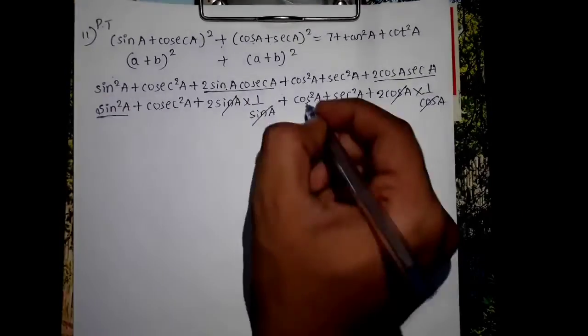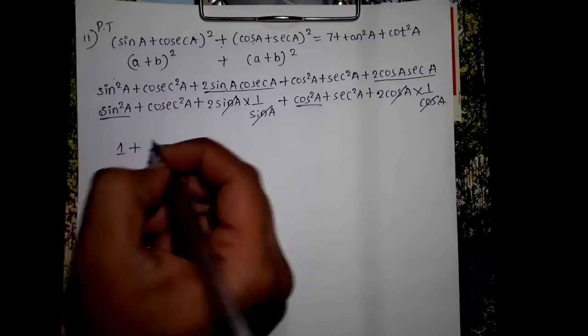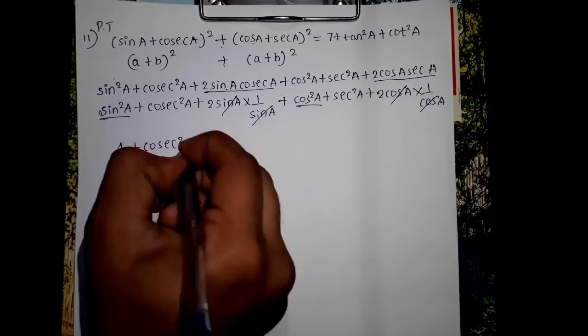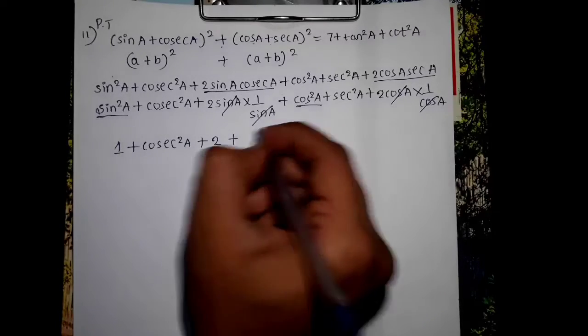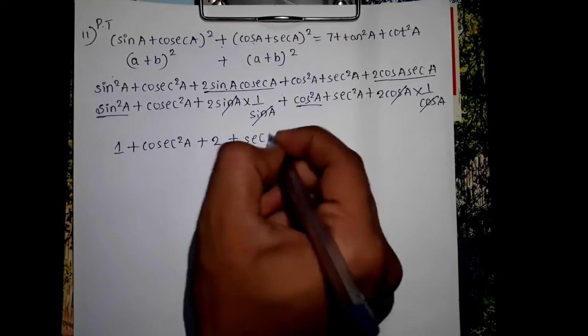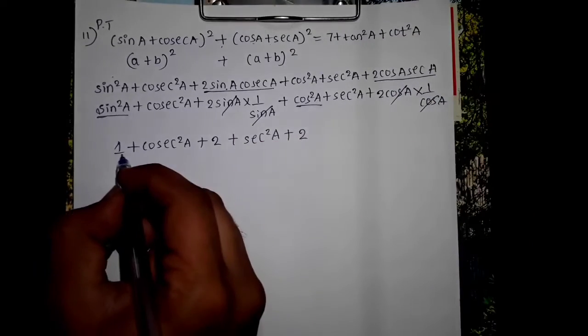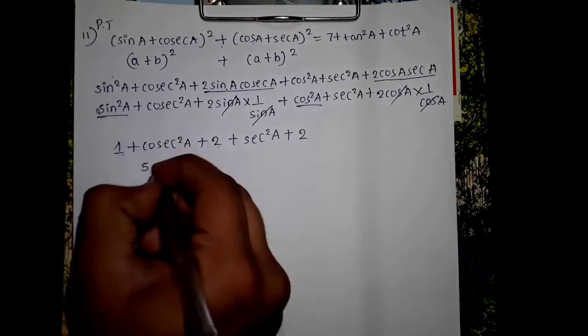Now sin²A + cos²A can be written as 1, plus cosec²A as it is, plus 2 into 1 is 2, plus sec²A plus 2 into 1 is again 2. 1 plus 2 is 3, 3 plus 2 is 5, plus cosec²A.